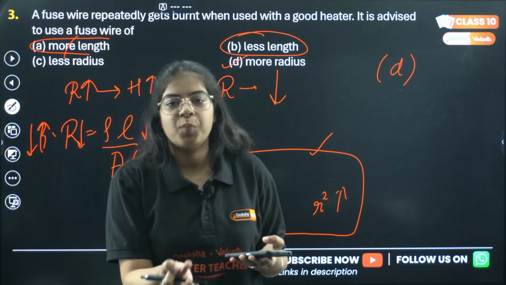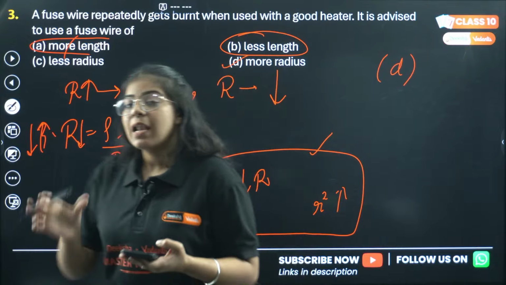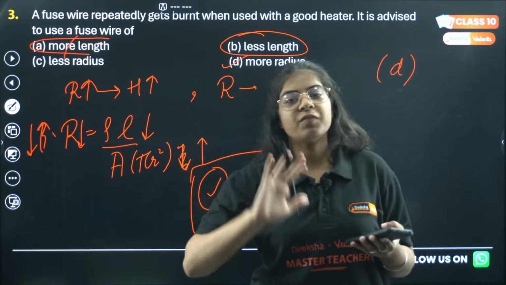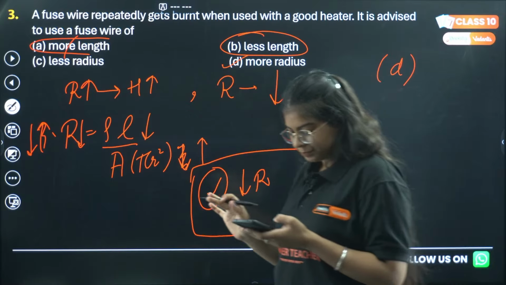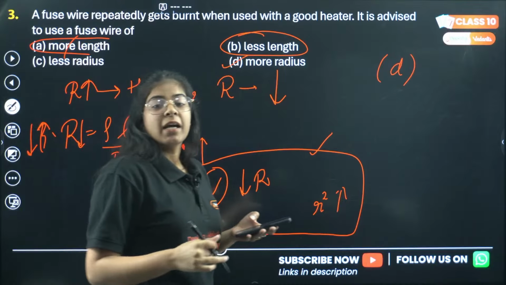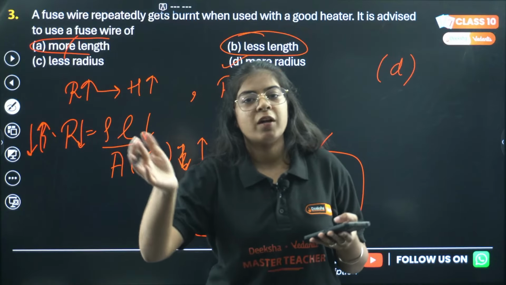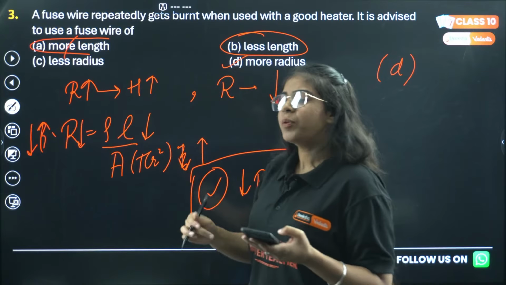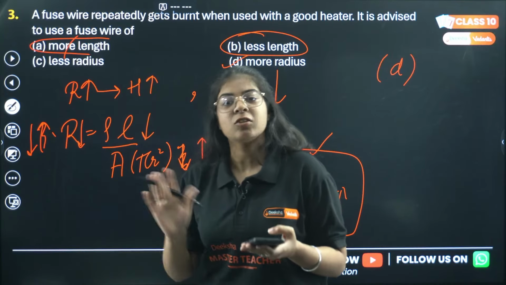We are talking about length and area, not just the amount of current that is passing. In general you don't want the fuse to burn. Correct. We only want our fuse to burn when excess current is passing, not because of the area or the length of the fuse.